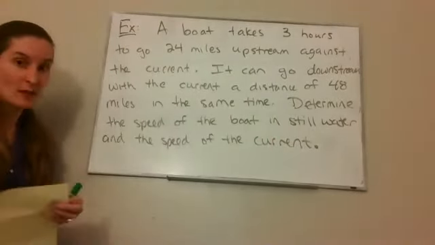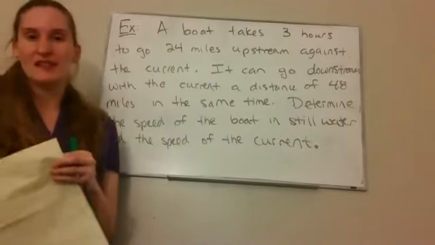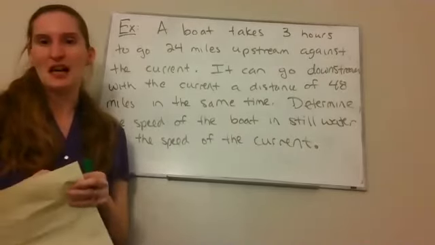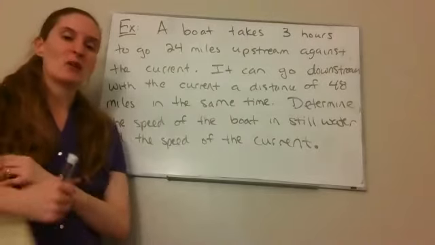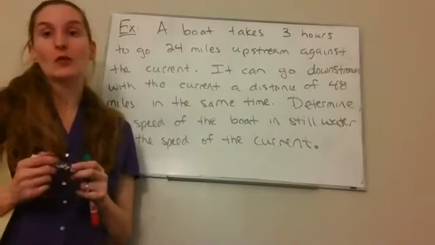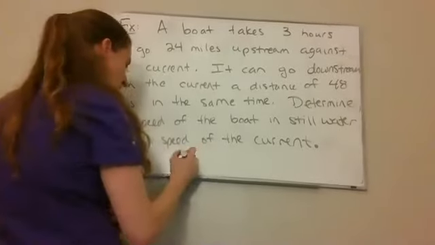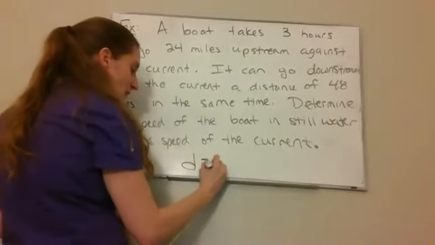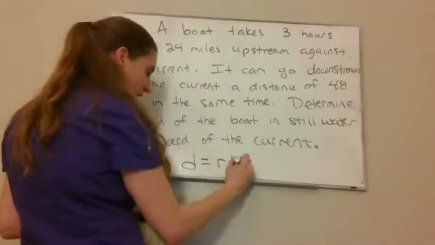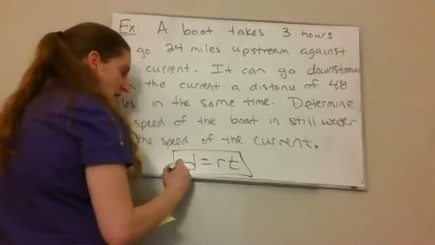So these types of problems where you're talking about distances and speeds and time, you need to know the equation distance equals rate times time. That's what we're going to need to use in this problem.